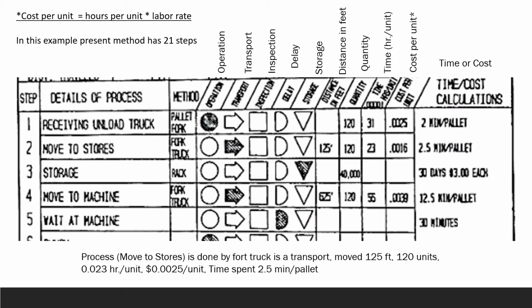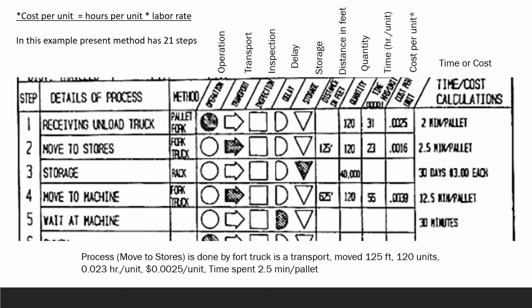So in this example, for present method, we have like 21 steps. I cut it out here, but it goes all the way to 21. So here I'm going to pick a process, move to stores. So how do you read it? Process step 2, which is move to stores, is done by fork truck, and it is a transport.